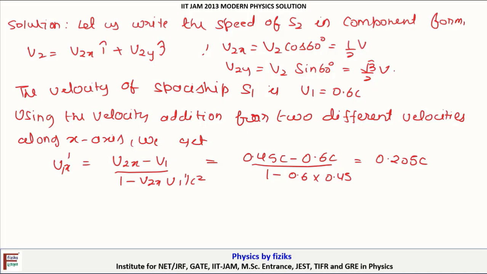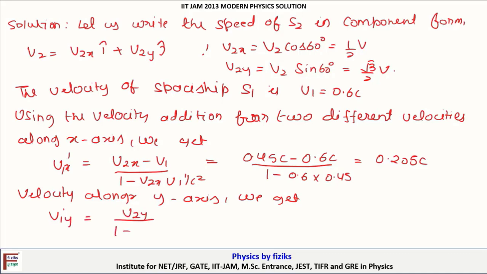Similarly, velocity along the y-axis, we get V1y' = V2y √(1 − V1²/c²) / (1 − V2x V1/c²).